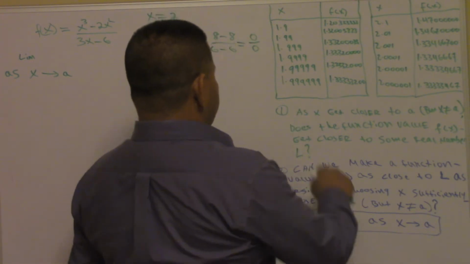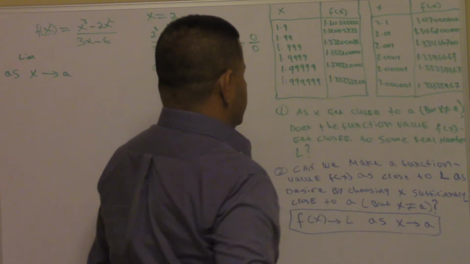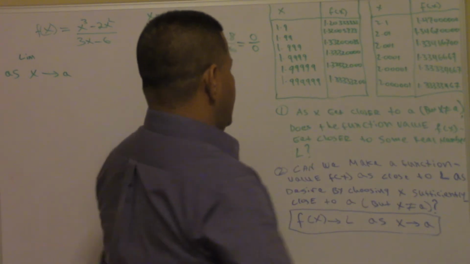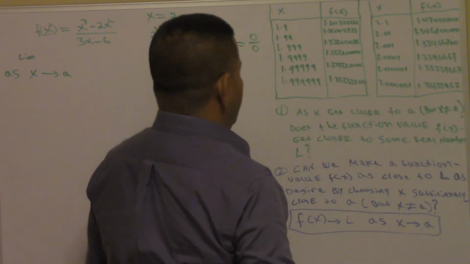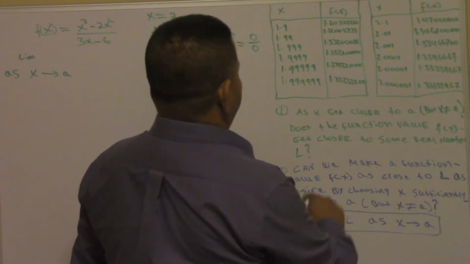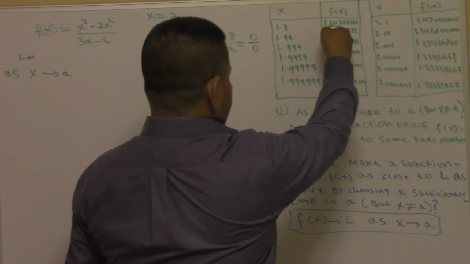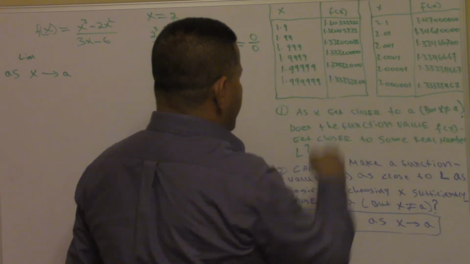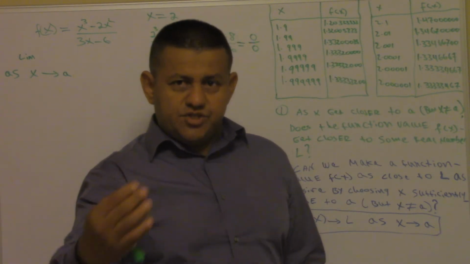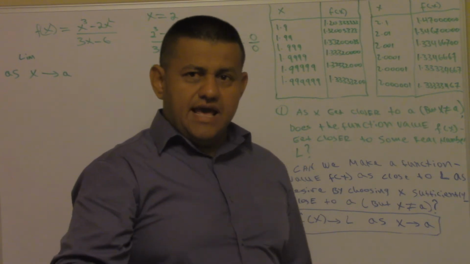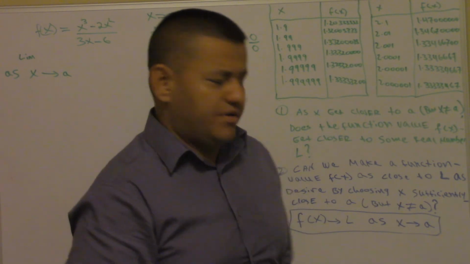So I went six digits to the right, and I got almost the same number after 1.99. Notice that I got a 3 in this column all the way down. So that means that I am approaching some certain number. The limit is approaching some real number. Okay?